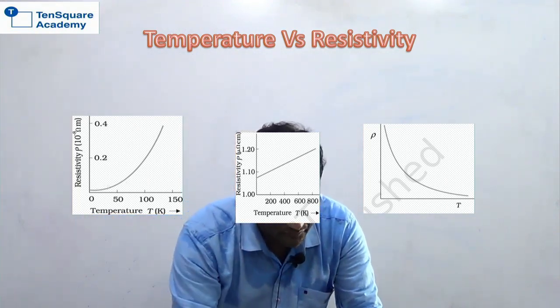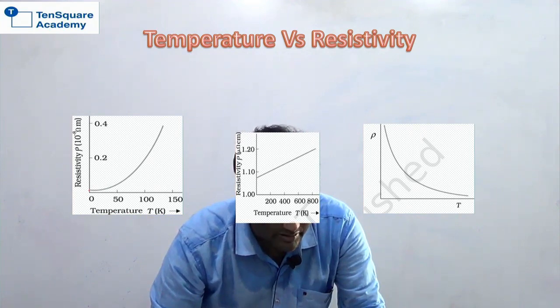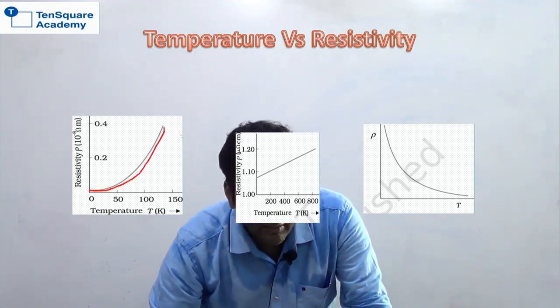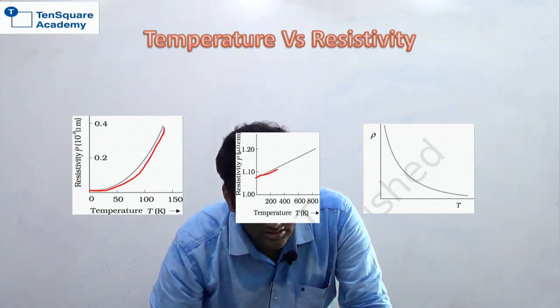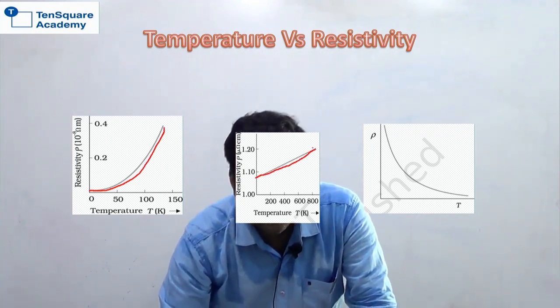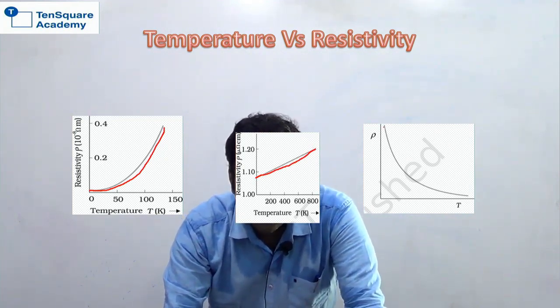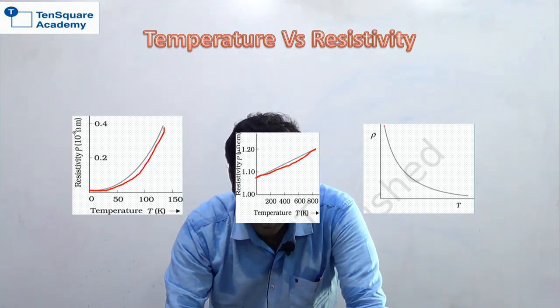For copper, the resistivity increases rapidly, whereas for nichrome it increases in a linear fashion. However, for a semiconductor, when the temperature increases, the resistivity will drop.